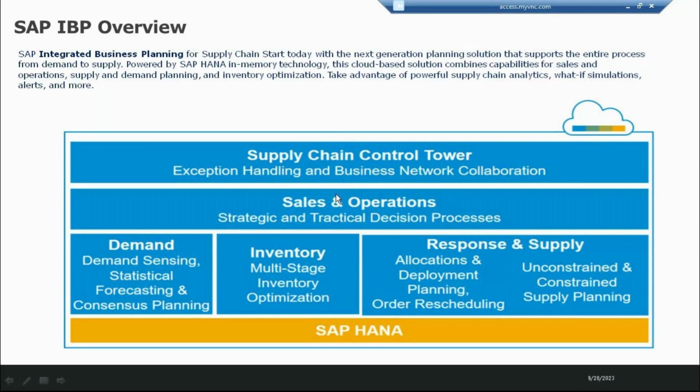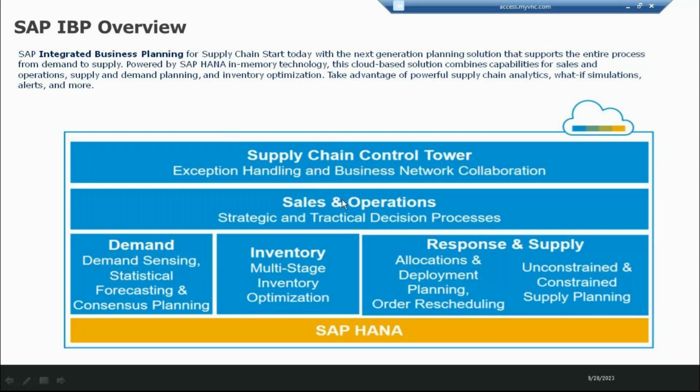The only difference is that they can do basic demand planning functionalities and basic supply planning functionalities, but they cannot use some other functionalities of demand and supply. But that is still fine for a smaller company, because they don't require a lot of functionalities, and at the same time they don't want to invest too much in the software. So in those cases they can take only this license.